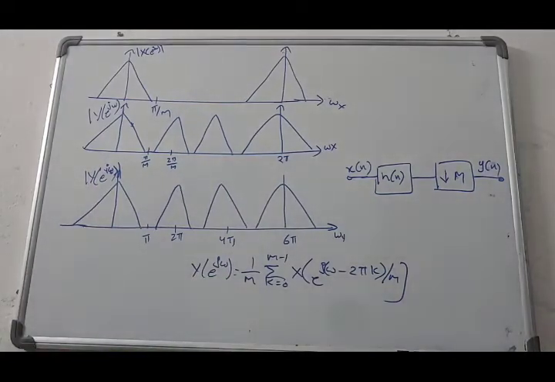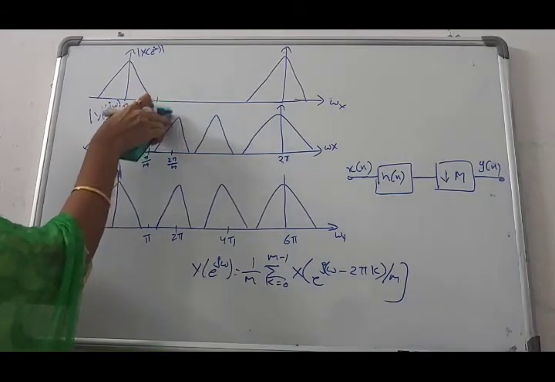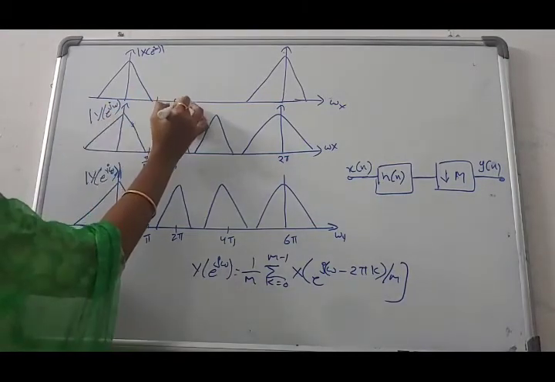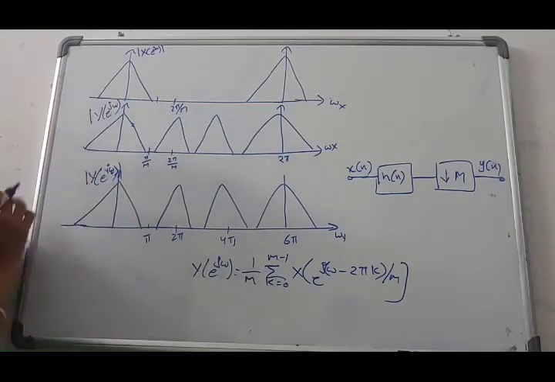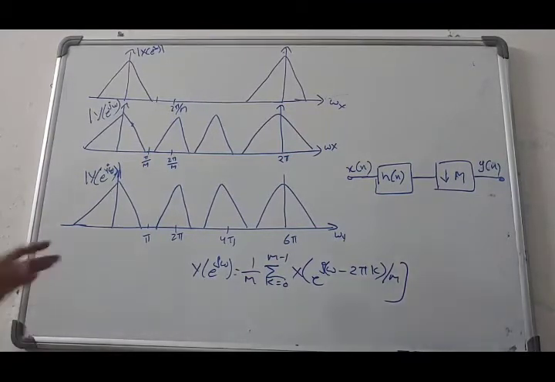Okay, if this is not a band limited signal, for example, it is not pi by m band limited but 2 pi by m, then there is an effect known as the aliasing effect. So the aliasing effect will occur.